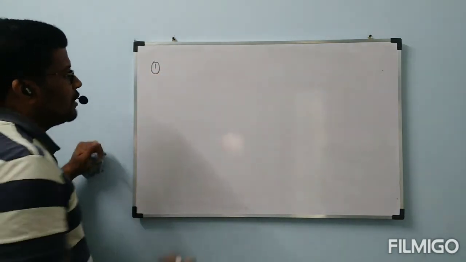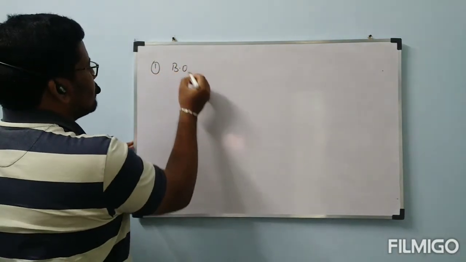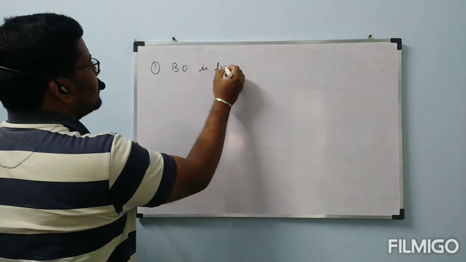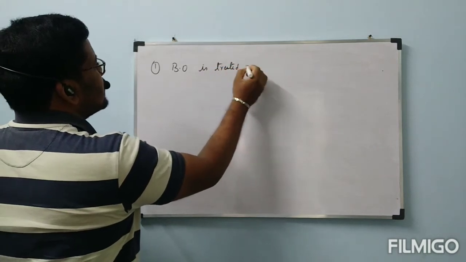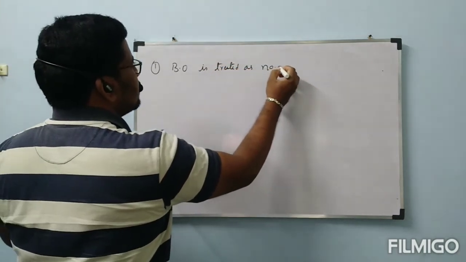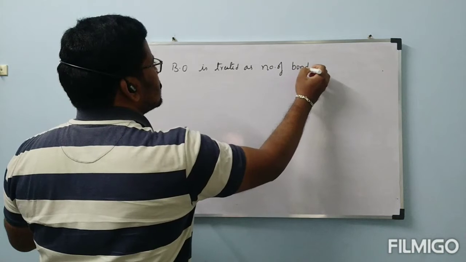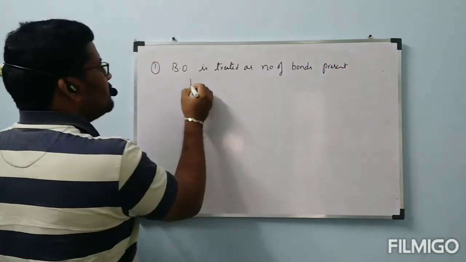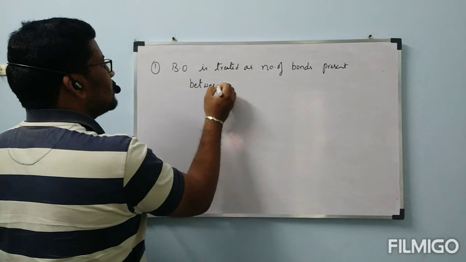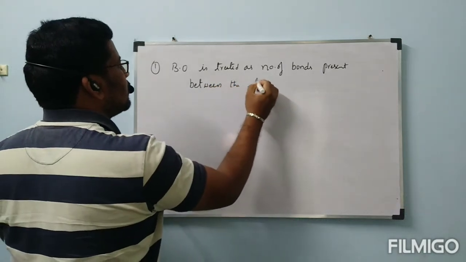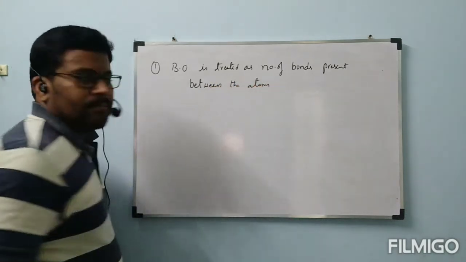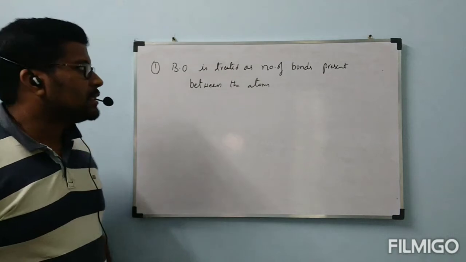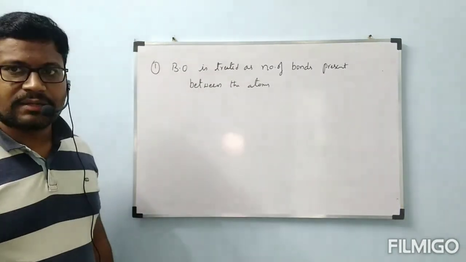First, bond order is treated as number of bonds present between the atoms.